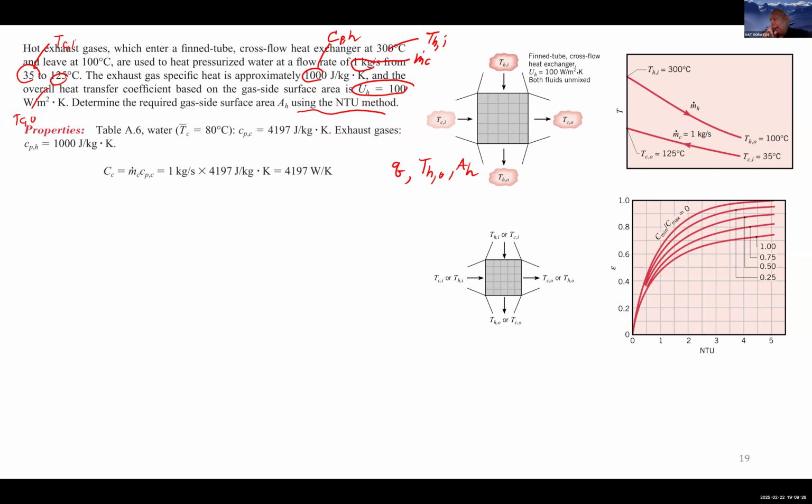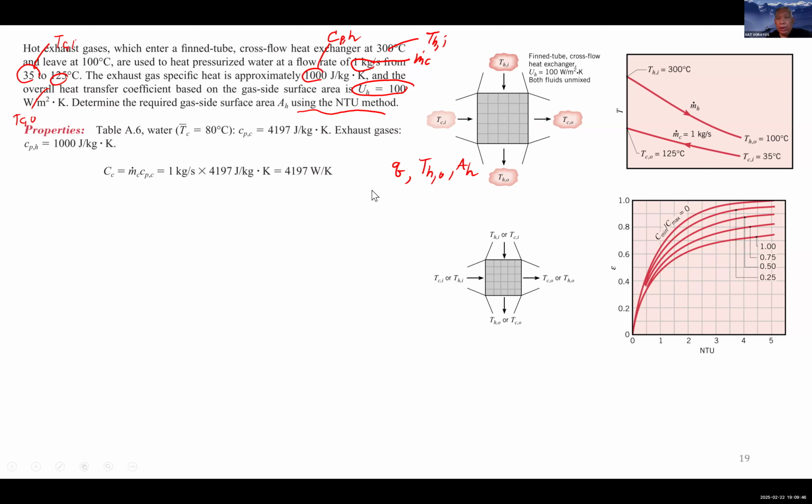The NTU effectiveness approach you can use when you have 2 temperatures. But if you have 3, if you have 4, you can still use the NTU effectiveness.